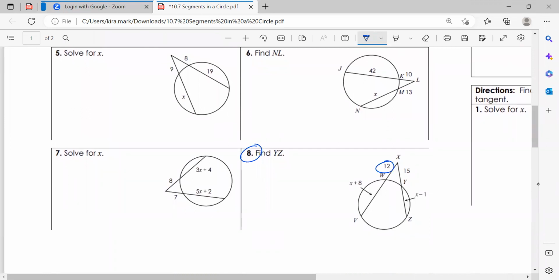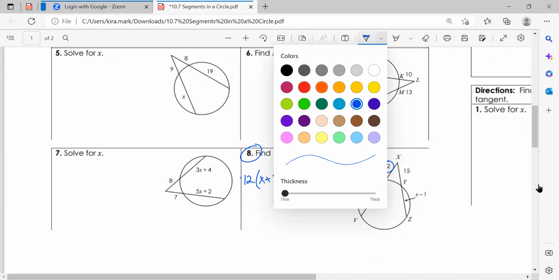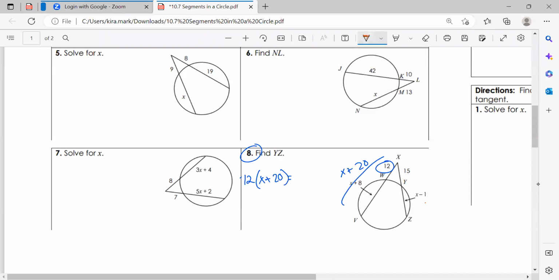So outside bit times the whole thing. My outside bit is 12. My whole thing, what's 12 plus x plus 8? 12 plus 8 is 20, so that's x plus 20. That's it. It was unnecessarily hard without that information.